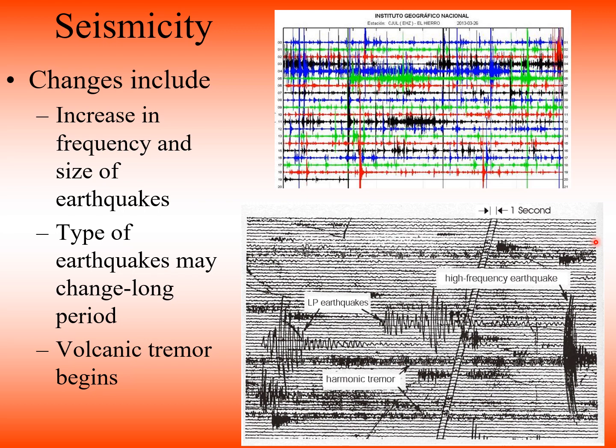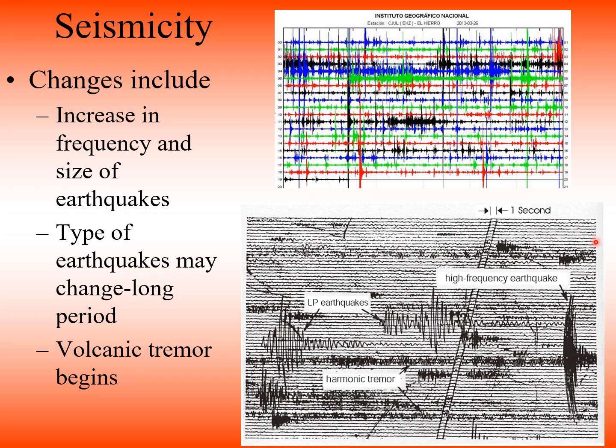An increase in the frequency and the size of earthquakes near a volcano could be an indication that magma is moving up through the central vent and entering the base of the mountain. That magma and that gas is going to start to cause rocks to shift and faults to open up and things like that. So you get earthquakes, and the type of earthquakes may change over long periods.